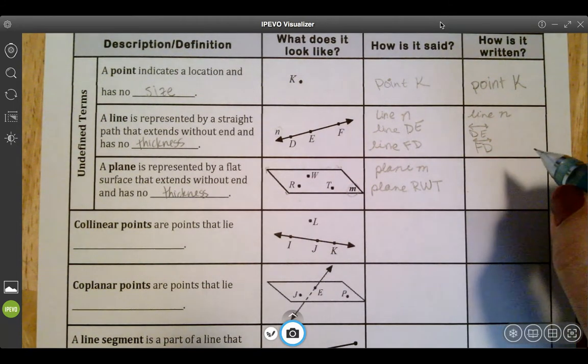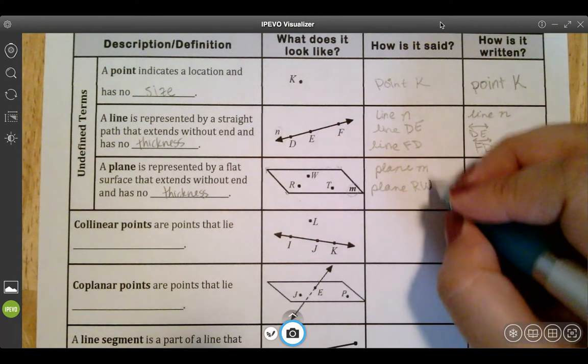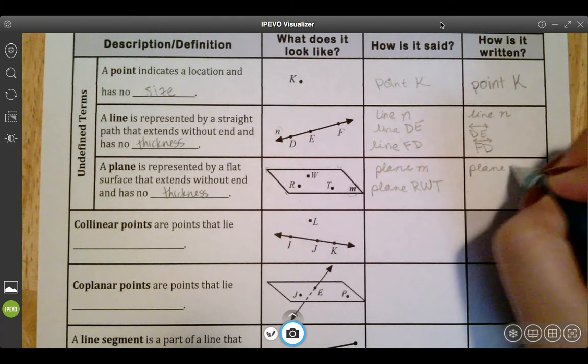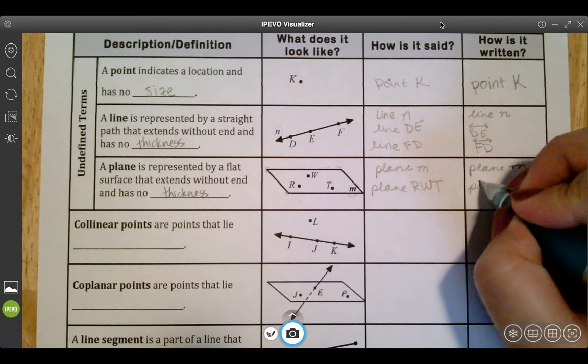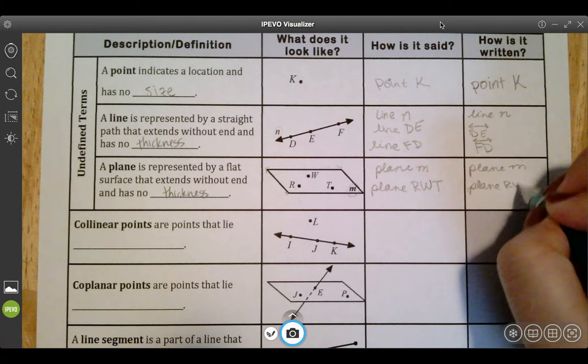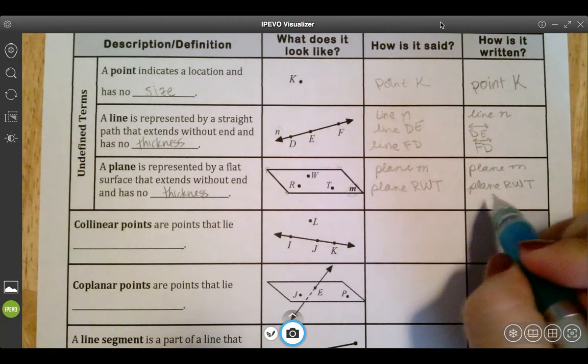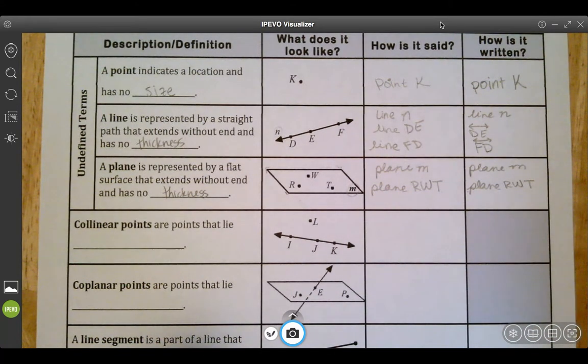And then in order to write this, we will just name it the same way that we said it. So we'll say plane M or plane RWT. So there's not a special symbol for naming a plane like there was for a line.